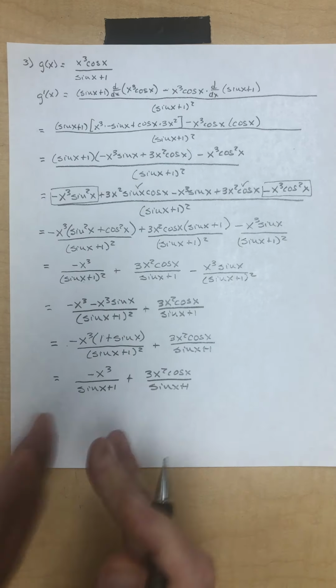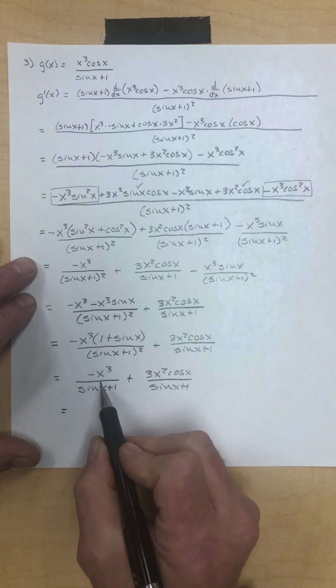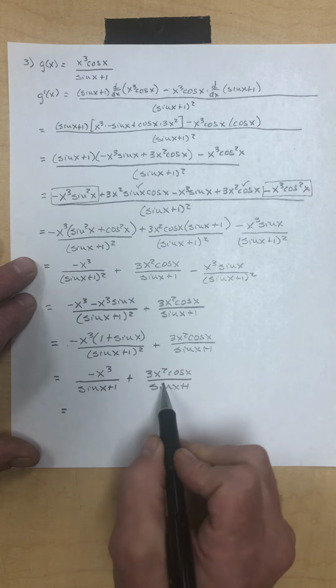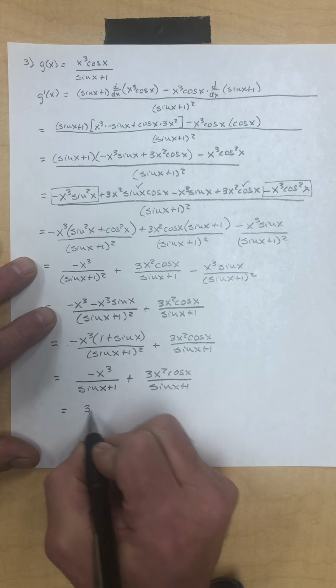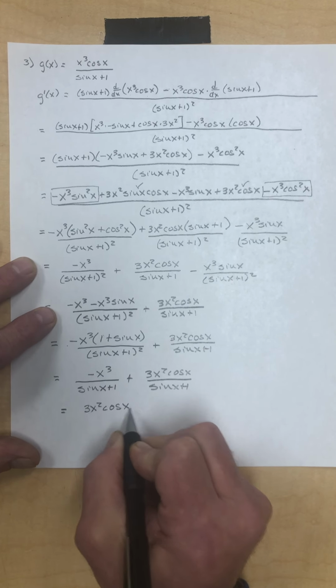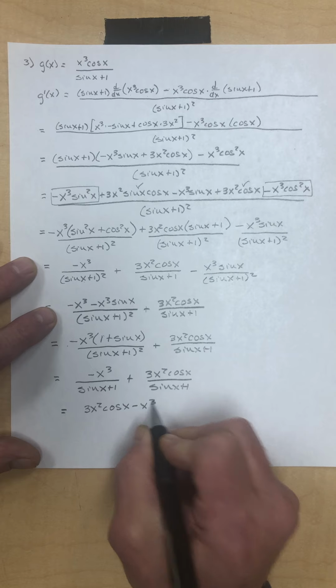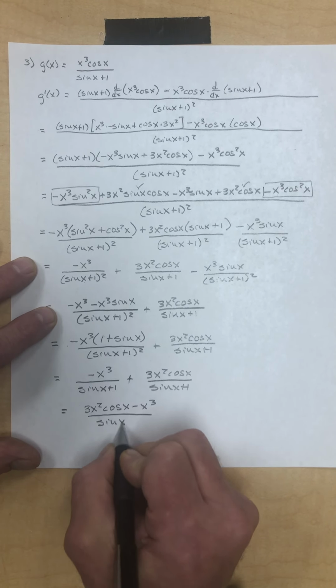And notice I can combine them into one fraction because they have the same denominator. So we could write negative x cubed plus this, or this minus x cubed, doesn't make any difference. I think I wrote it as 3x squared cosine of x minus x cubed all over sine of x plus 1.